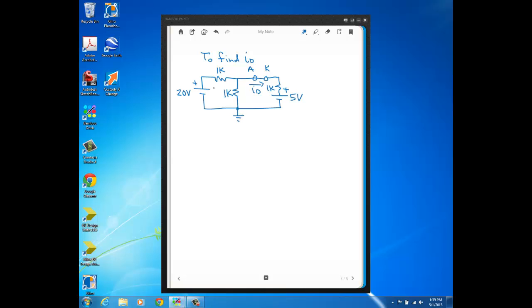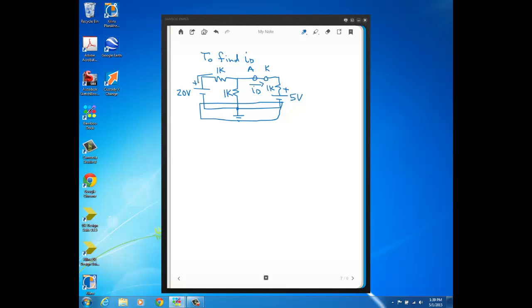You could also do mesh. You have two meshes here, so you could do mesh I1, mesh I2, write your KVL equations, and whatever you get for I2 would be the diode current, since I2 is the only current defined through the short that represents the forward bias diode. But I'm going to use the node voltage method. So this bottom node is our ground.